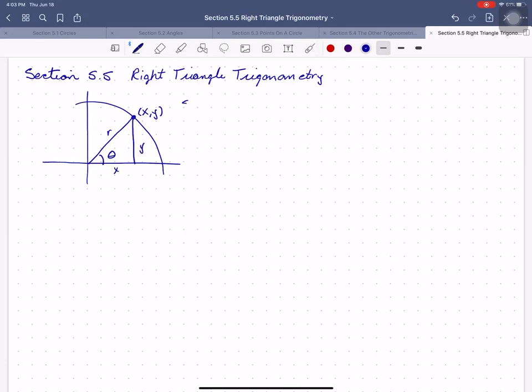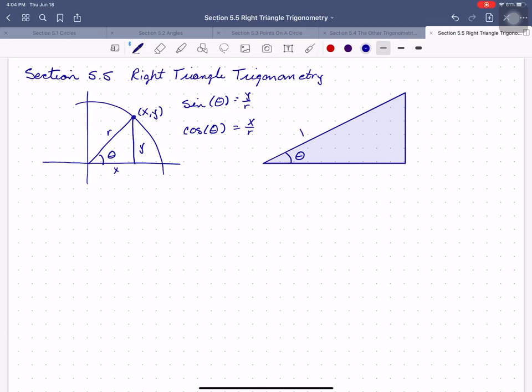We know that the sine of the angle theta is equal to y over r, and that the cosine of the angle theta is equal to x over r. If we take our right triangle and we pull it out from under our circle, and we label our angle theta, here's what we realize.